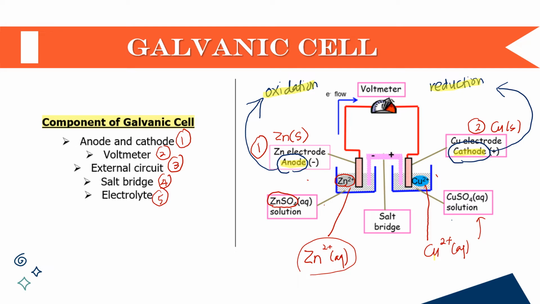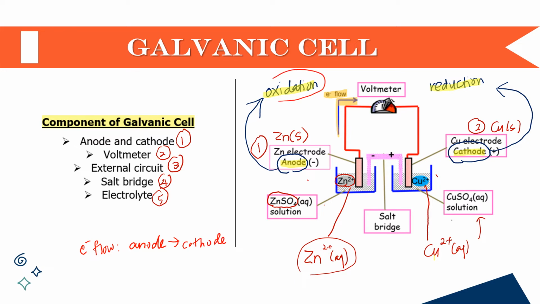And then if you can see over here, we have electron flow. Electron is moving from anode to cathode. Let me write it down over here: electron flow will always be from anode to cathode. Why is that so?